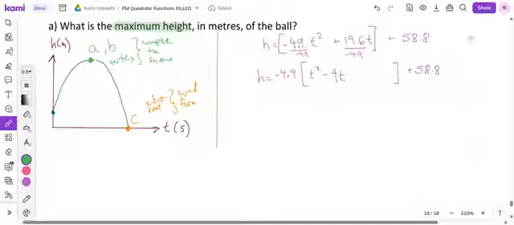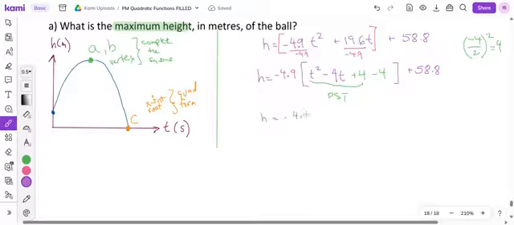So I take the coefficient of b, negative 4, divide it and square it. What's it give me? 4. So plus 4, minus 4. I've got my PST. Okay, I'm going to factor my perfect square trinomial, t minus 2.